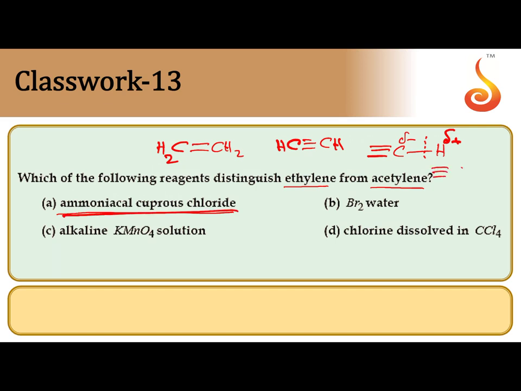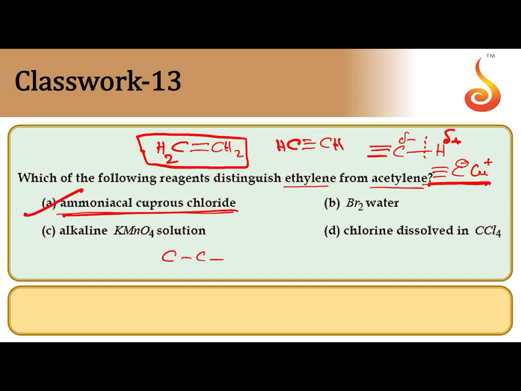So H plus is replaced with Cu plus, and copper alkynide is formed, giving one color. But alkenes or non-terminal alkynes won't react with ammoniacal cuprous chloride or Tollens reagent. So this is a very good distinguishing test for alkenes and alkynes, especially terminal alkynes. So the correct answer is A.